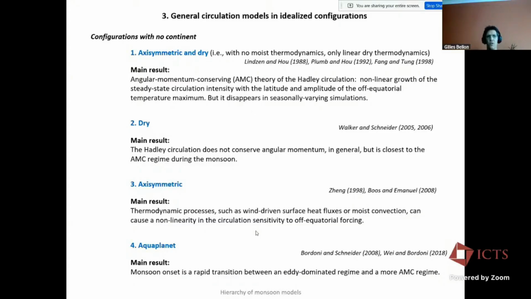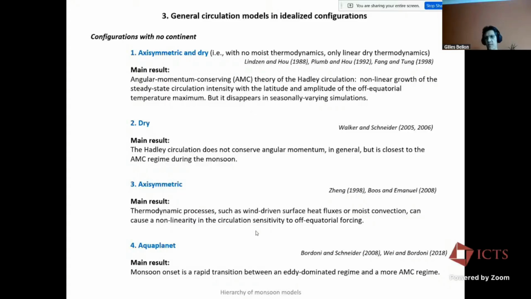And so at first we have that axisymmetric view with no eddies. In that case, thanks to the Hide theorem, we have an angular momentum conserving Hadley circulation. And we had all this work on the fact that the maximum of temperature or maximum of heating being off-equatorial would make the intensity of the circulation much stronger than if you had something symmetric about the equator.